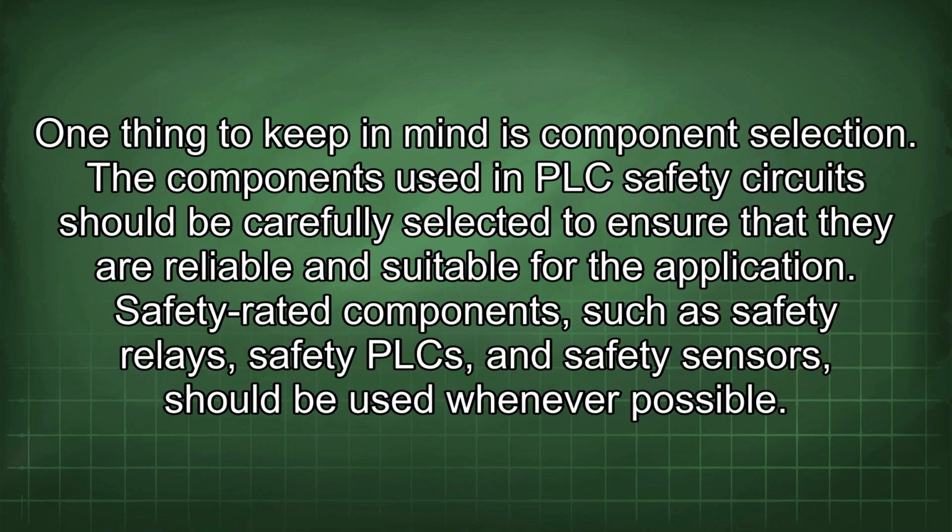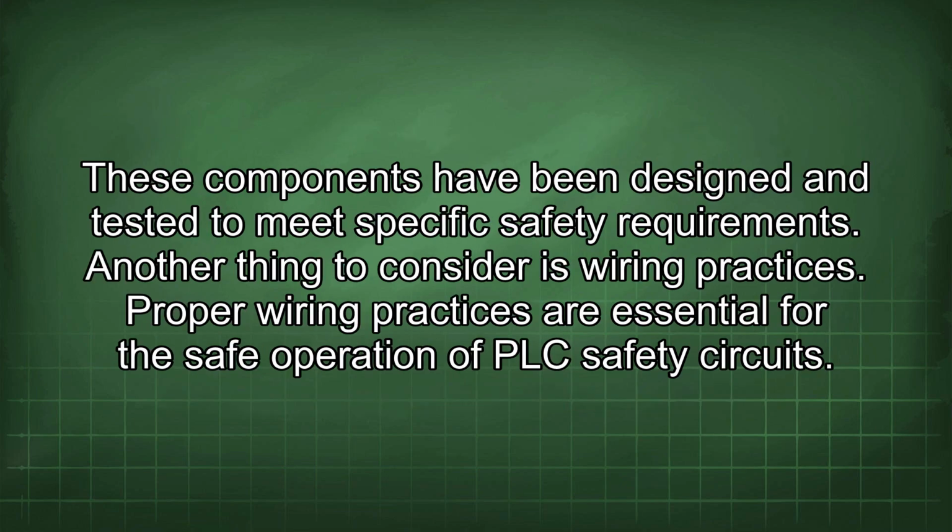One thing to keep in mind is component selection. The components used in PLC safety circuits should be carefully selected to ensure that they are reliable and suitable for the application. Safety-rated components such as safety relays, safety PLC, and safety sensors should be used whenever possible. These components have been designed and tested to meet specific safety requirements.